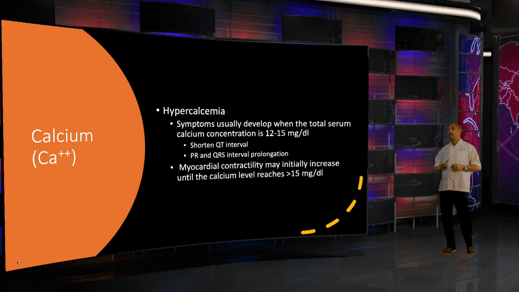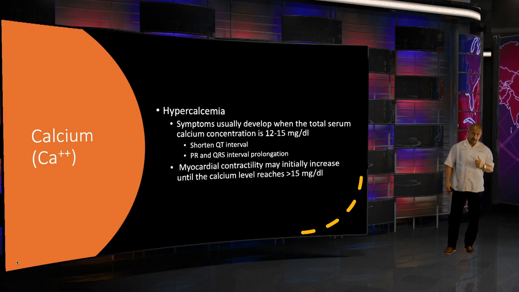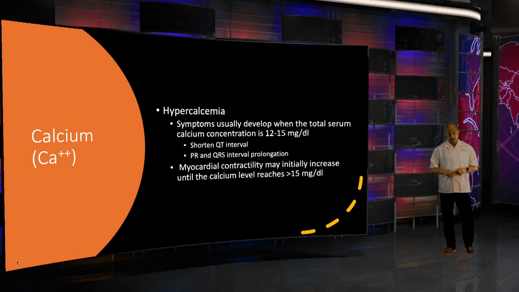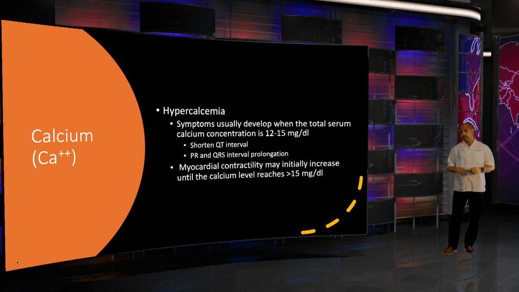So can this be a calcium issue? Yeah. Could it be a magnesium issue? Yeah. If you saw the slide before on hypocalcemia, I said it's rare, but it can cause ventricular dysrhythmias. Guess what low levels of magnesium can do?